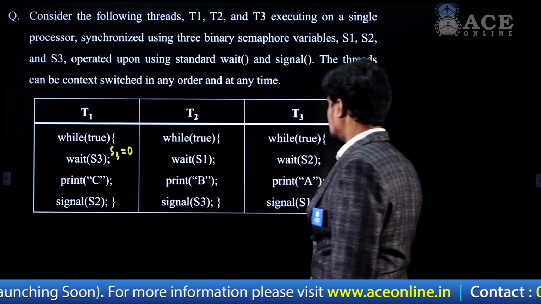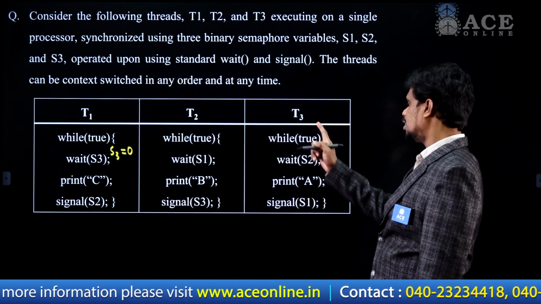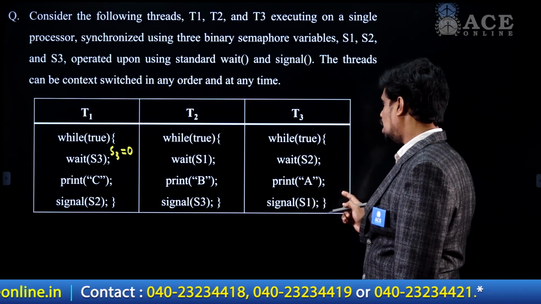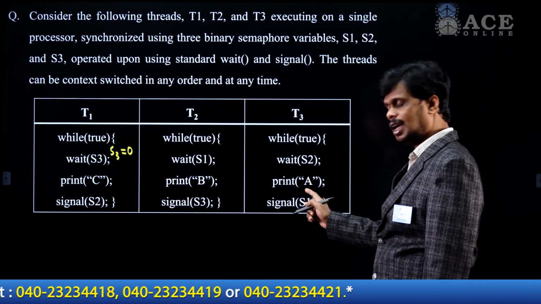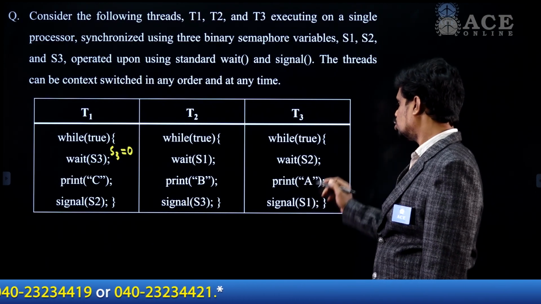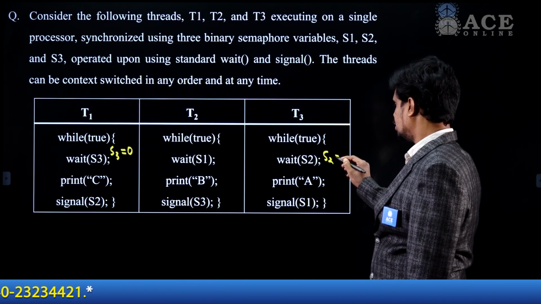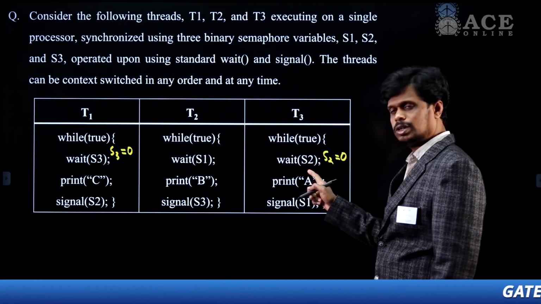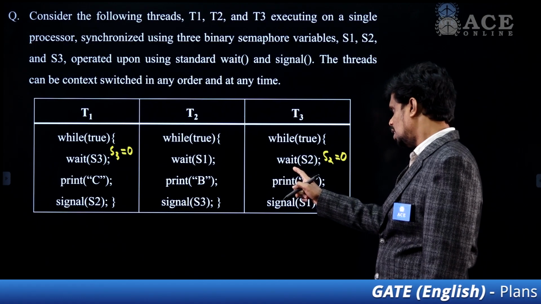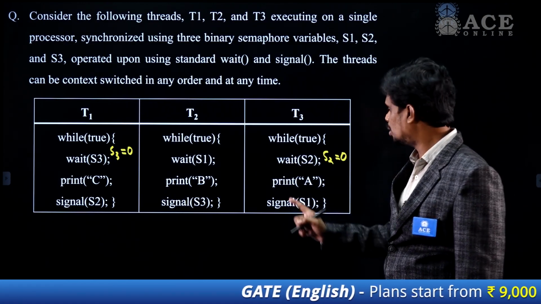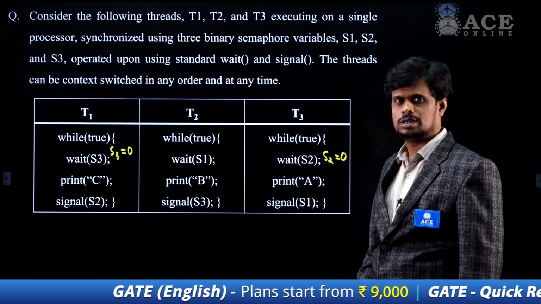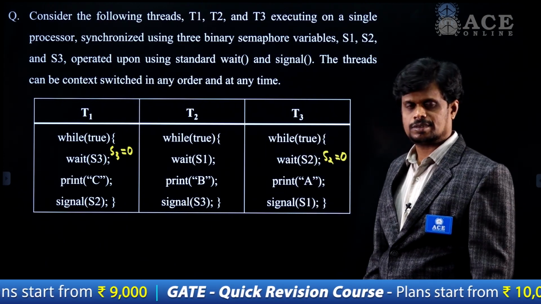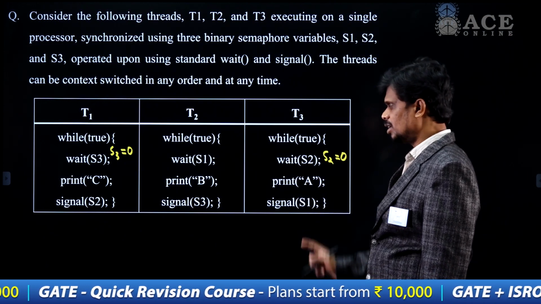Next, in the same way, we don't allow T3 to print A. If I want to block T3 from printing A, compulsorily the S2 value should be how much? 0 only. Because when the S2 value is 0, this wait operation is going to be unsuccessful. So T3 also gets stuck here, meaning it is unable to print A first.